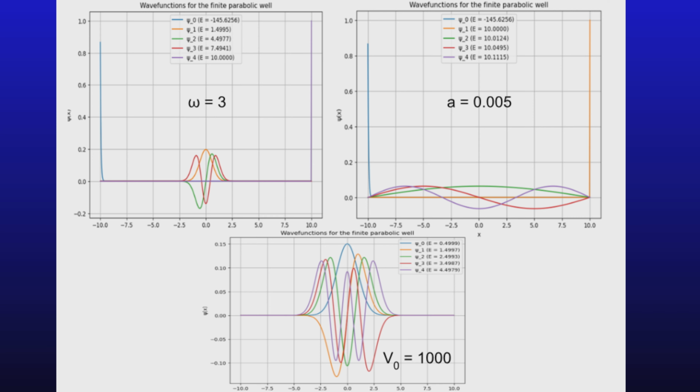Essentially you're getting a big giant plateau of V naught with a tiny little gap somewhere with a width of 0.005. So it's essentially just a plane of constant potential, which we know is the same as a finite square well. So we're getting those nice sinusoidal functions that are indicative of that sort of thing.